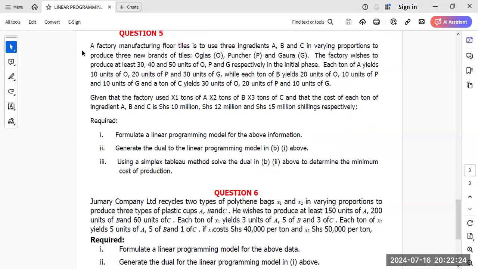They are telling us that a factory manufacturing floor tiles is to use 3 ingredients, A, B, and C, in varying proportions to produce 3 new brands of tiles. This is a factory which is manufacturing floor tiles. And you have 3 brands. These brands are defined O, P, and G.